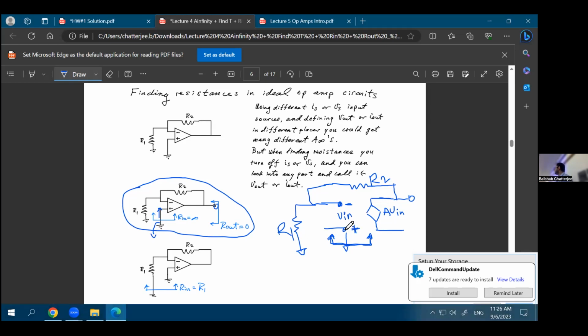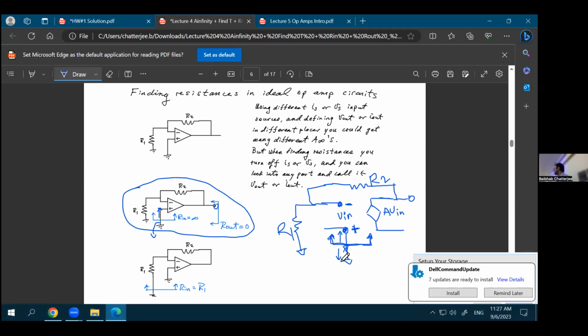Because this is connected to an open circuit, the AC resistance is infinite. Right? You don't care that it is connected to ground. It is connected to ground in this direction. In this direction, it is connected to an open. So whenever you're trying to measure the resistance at that point, what do you do? You first disconnect the load.